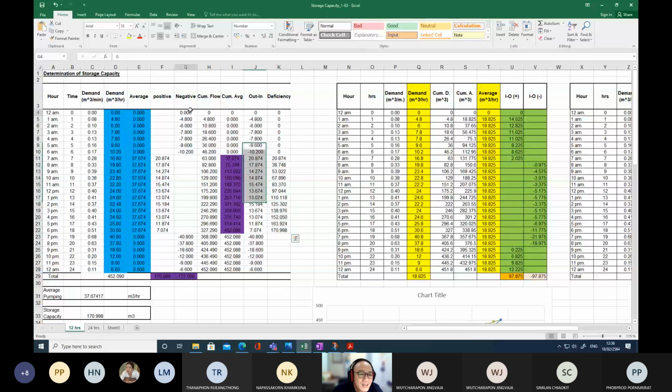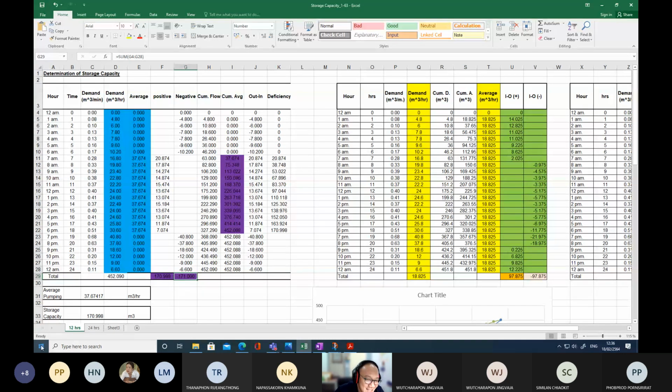So this column is positive, this one is negative. But anyway, at the end, positive or negative would definitely yield the same result, which is equal to 171 cubic meters.